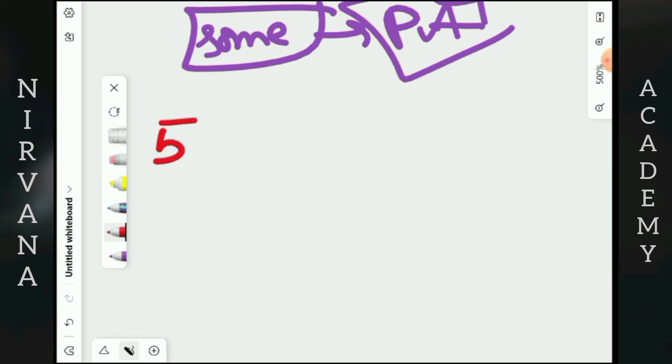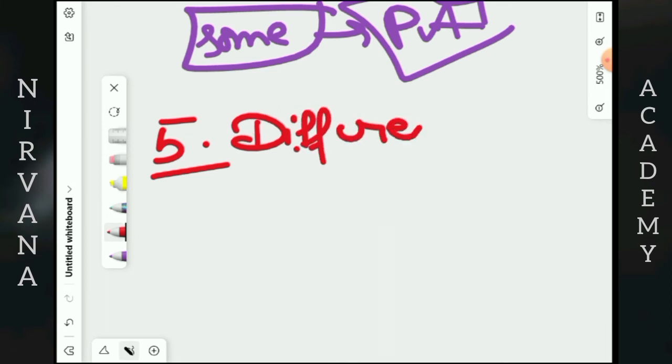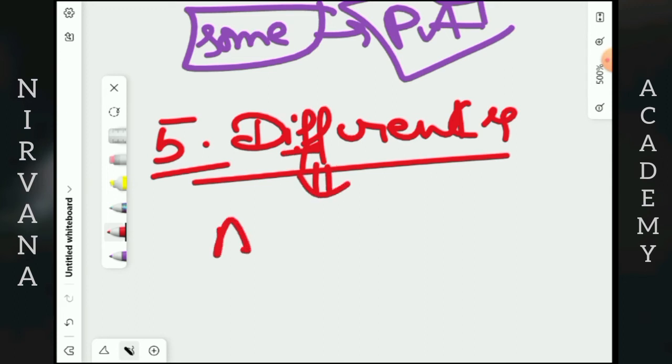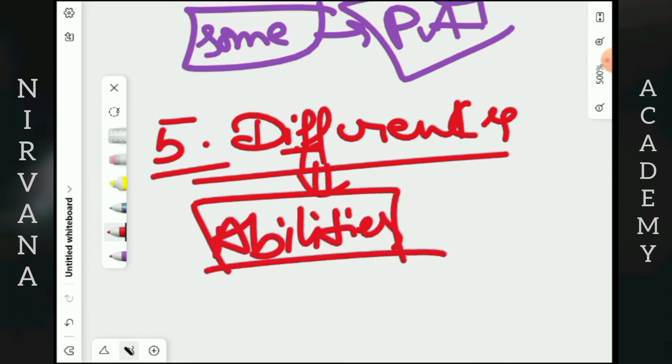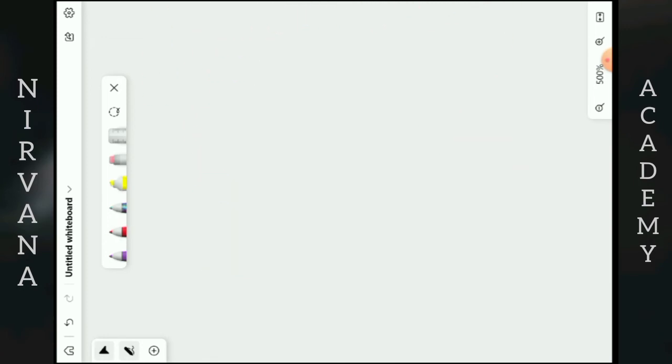The fifth thing is differences in the abilities of individuals, because some individuals are not that capable if we compare them to others. So this also becomes a cause for inequality among different individuals or different sections of society.